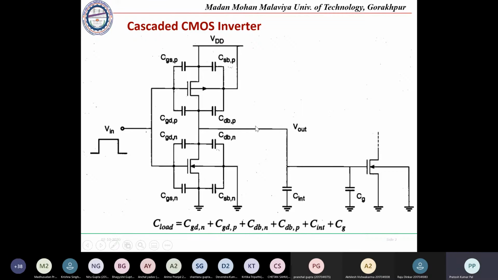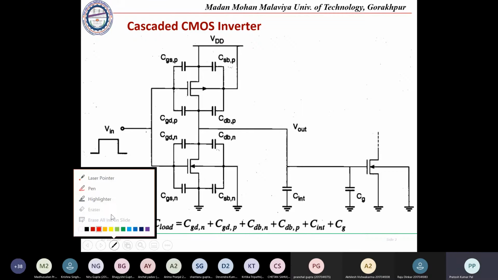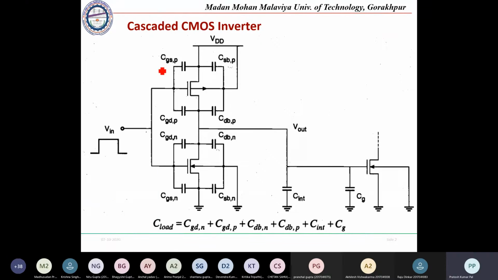So one thing we can note is, suppose any inverter is there, and along with that one more inverter is connected. This is the inverter symbol. Suppose after that another inverter is connected.